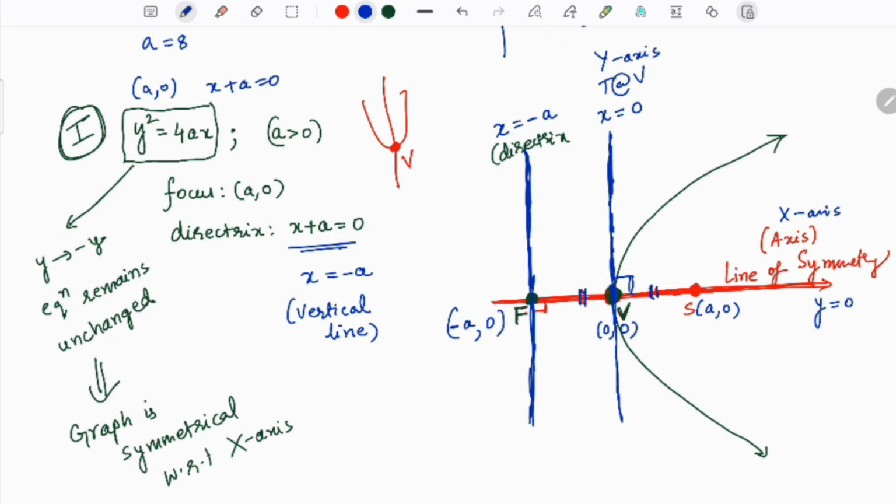Then they noticed that to get that, they should take focus at a comma 0 and directrix at x plus a is equal to 0. We want tangent at vertex along y-axis, axis along x-axis.